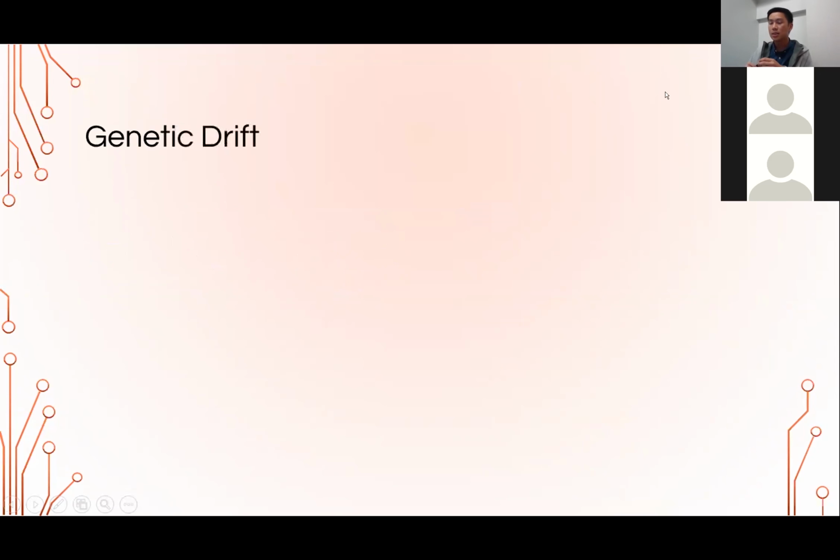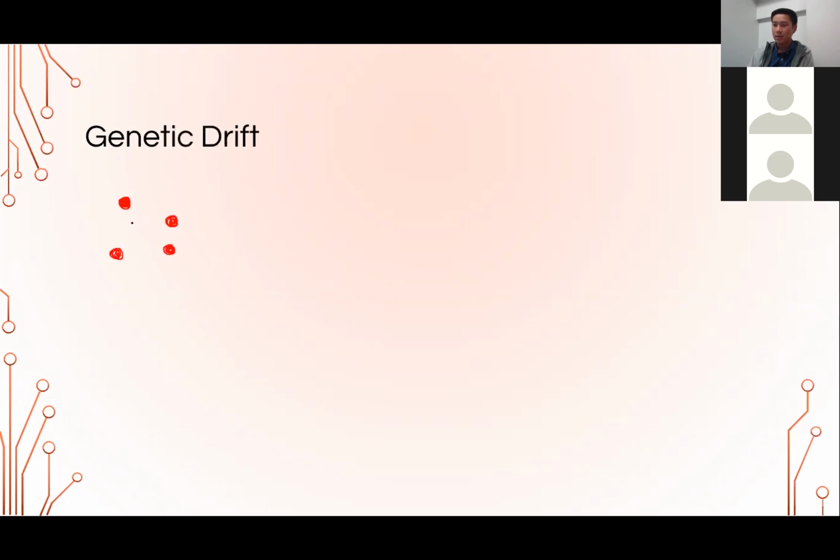So last but not least is genetic drift. Genetic drift is when a random event occurs. It could be anything ranging from a natural disaster. Let's say a storm happened and you have these organisms again, these red organisms.